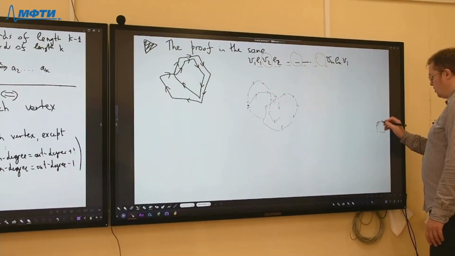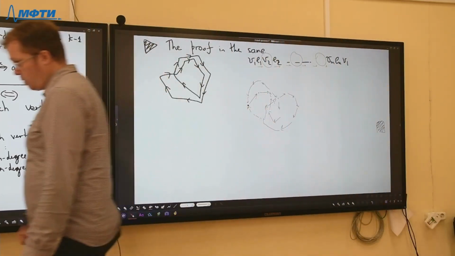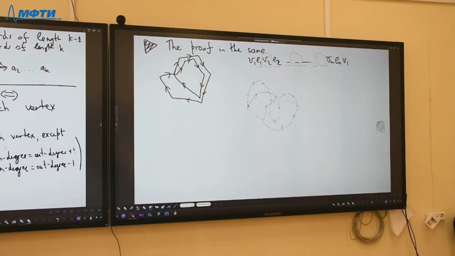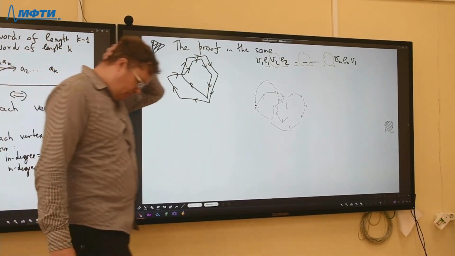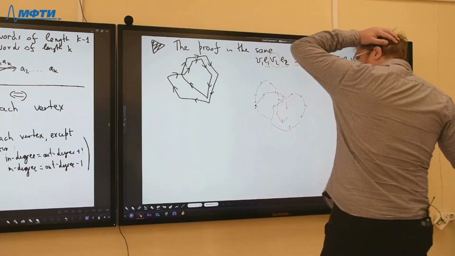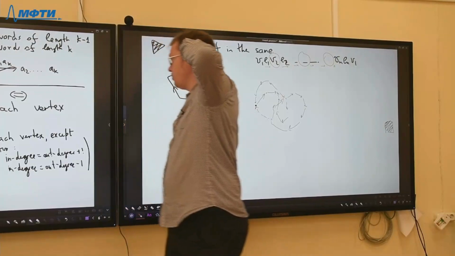Okay, so returning to our problem, if I want to prove that there exists the De Bruijn sequence for each a and k, then I just need to calculate the in and out degree of each vertex of this graph.